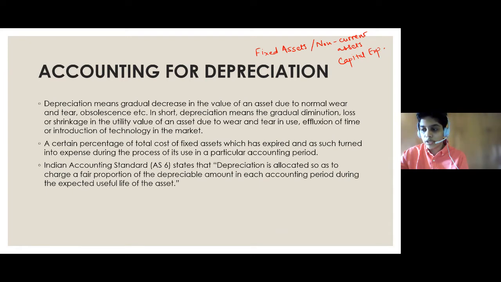So since this particular asset is going to provide you service or is going to be put to use by you for a number of years, you need to account for the fact that you own the asset. At the same time, you need to account for the fact that due to use or due to other reasons, the value of this asset is reducing.